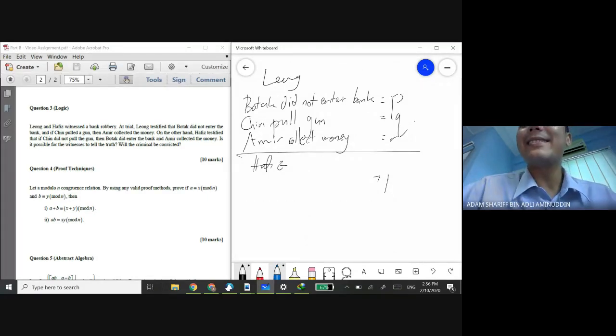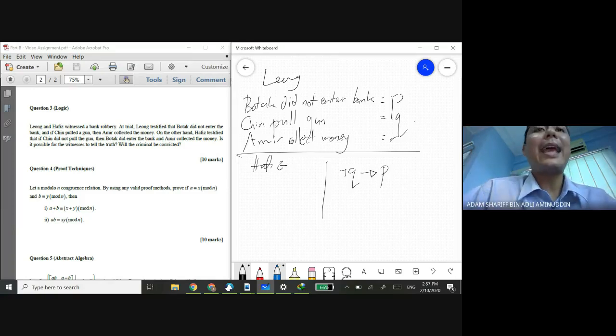Terbalik. If Chin pulled the gun, saya kena direct pun penuh. For Hafiz, I write it in the form of an argument directly. On the other hand, if Chin did not pull the gun, not Q, then Botak did enter the bank, P, and Ame collected the money.